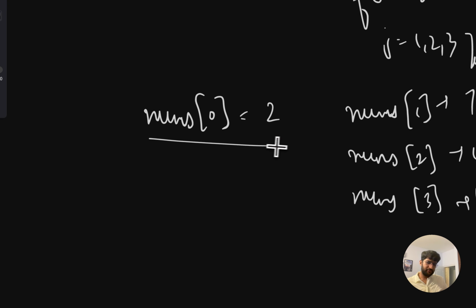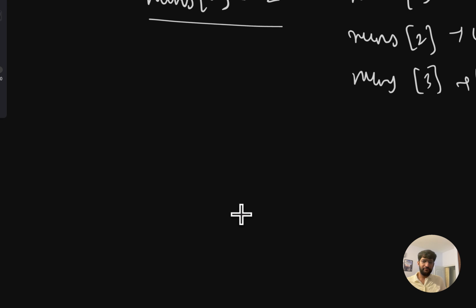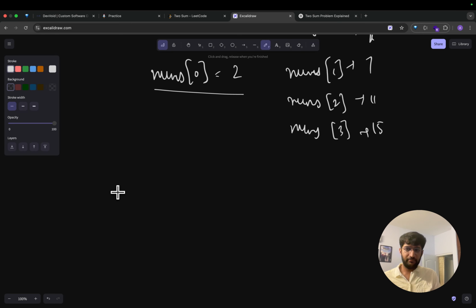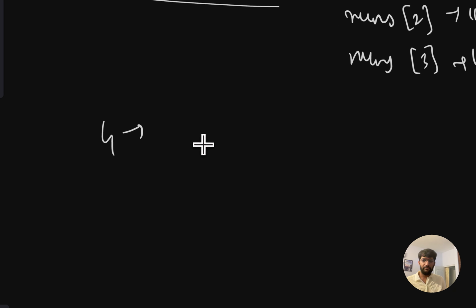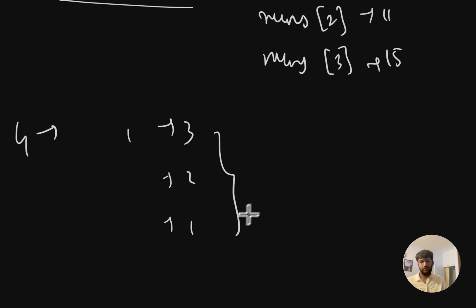For every number, how many times are you checking the array? Let's take some values. List size is 4. So the first item will check 3 times, then 2 times, and then 1 time, right? This will add up to 6.